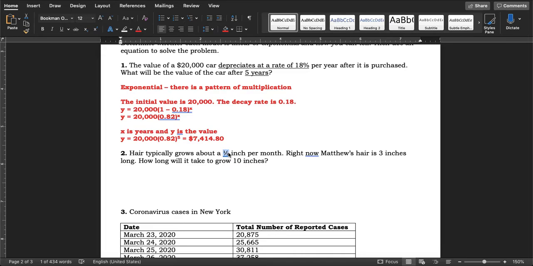What you really have to think about is, how are the numbers changing? Are the numbers changing through multiplication, or through addition or subtraction? Since the hair is typically growing about a ½ inch per month, that means we're adding on ½ of an inch every single month. That means that the relationship here is linear.